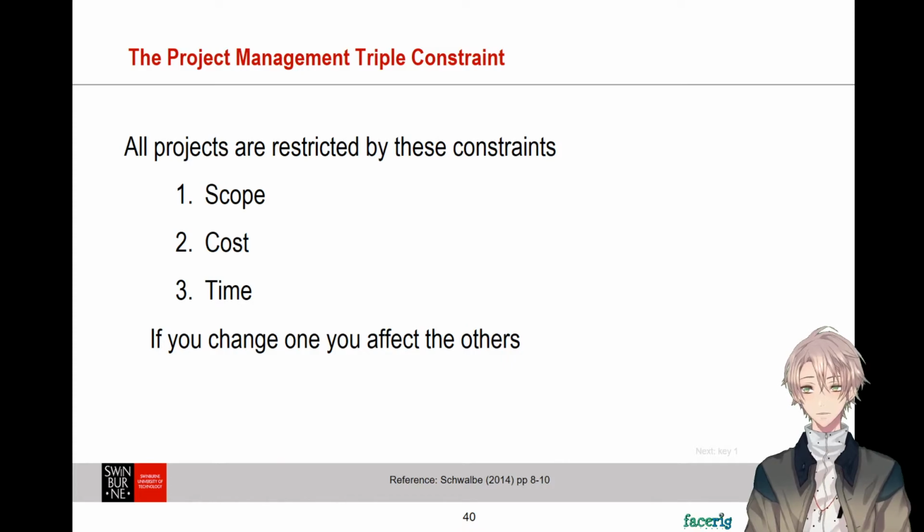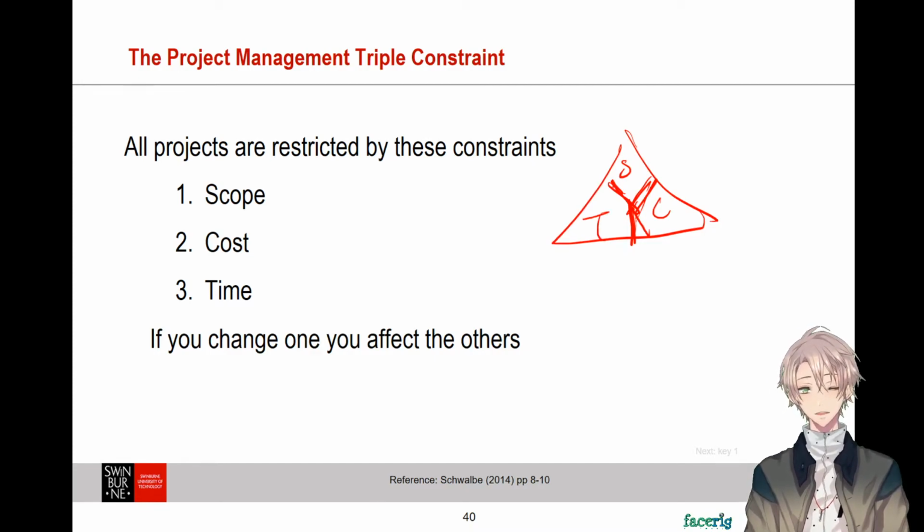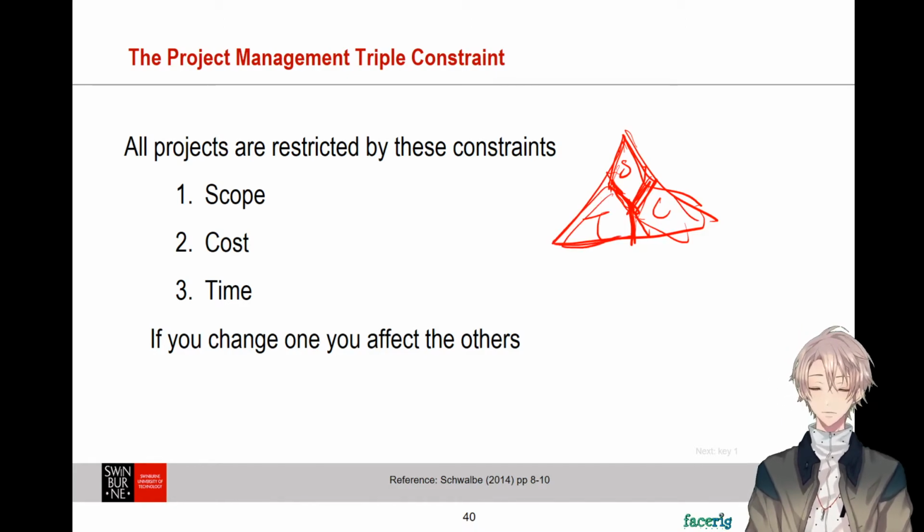This is what we call the project management triple constraint: the scope, cost, and time. Let me see how to draw this. Your scope, cost, and time. If one of them changes, it affects the others. For example, if you have a big scope, a big project, a big project cannot be cheap, and cannot be done real fast.